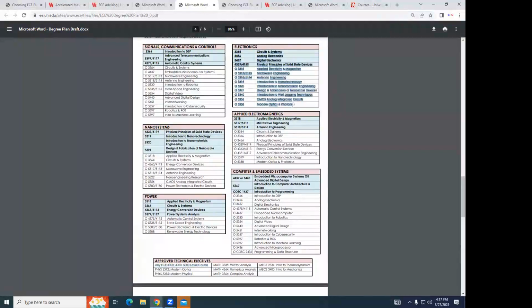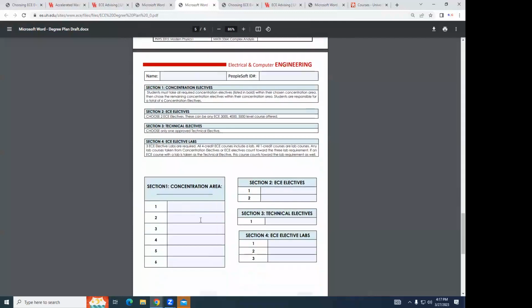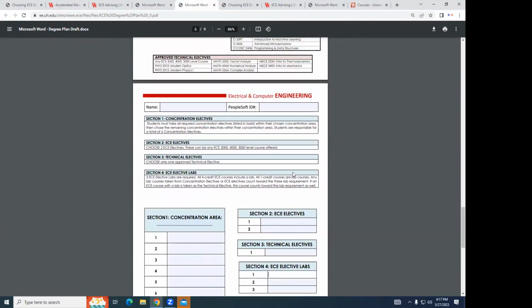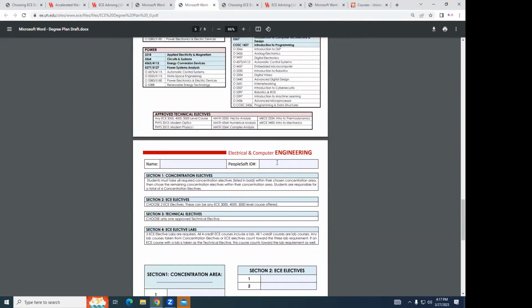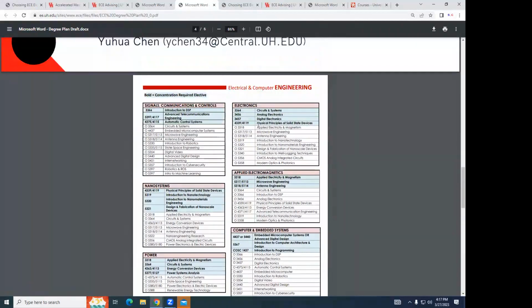Between all of these electives and your tech electives and your concentration electives, so all of them are listed here, you have to have 3 lab courses. Any 4-credit course that we teach includes a lab and counts as a lab course, and any 1-credit course is a lab course, right? So if you look, for example, at electronics, your 3 lab courses are automatic.